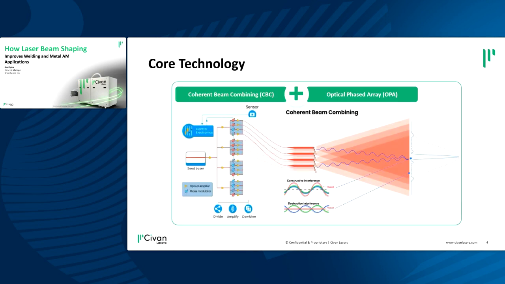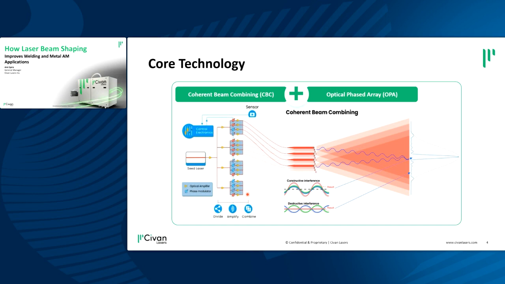The technology that we use for our laser is called coherent beam combining and optical phased array. The idea behind it is that we start with the same laser source, a seed laser, which is a low power but high brightness laser source. We then optically amplify it and divide it into tens, or in some cases, depending on the laser configuration, hundreds of different channels.